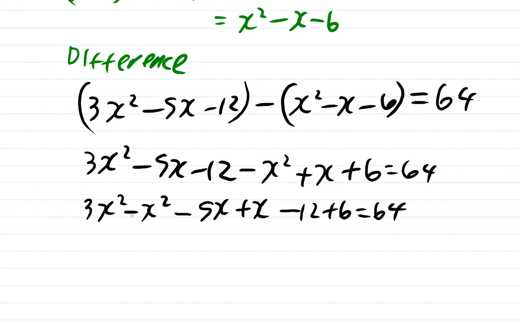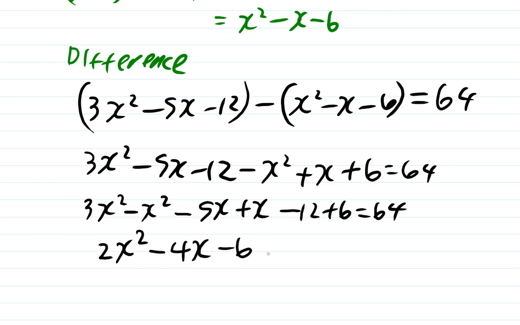So 3x squared minus 1x squared gives you 2x squared. Negative 5 plus 1 gives you negative 4x. Negative 12 plus 6 would be negative 6.